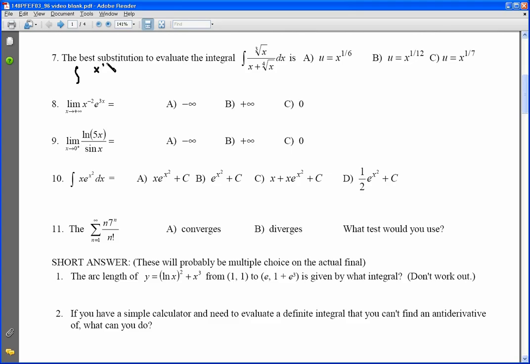So x to the 1/3 on top, and then downstairs we've got x plus x to the 1/4 on the bottom, dx. And what you want to do is find your LCD between 1/3 and 1/4, which is 12. And it's u equals x to the 1 over the LCD, 1/12. So B right there.